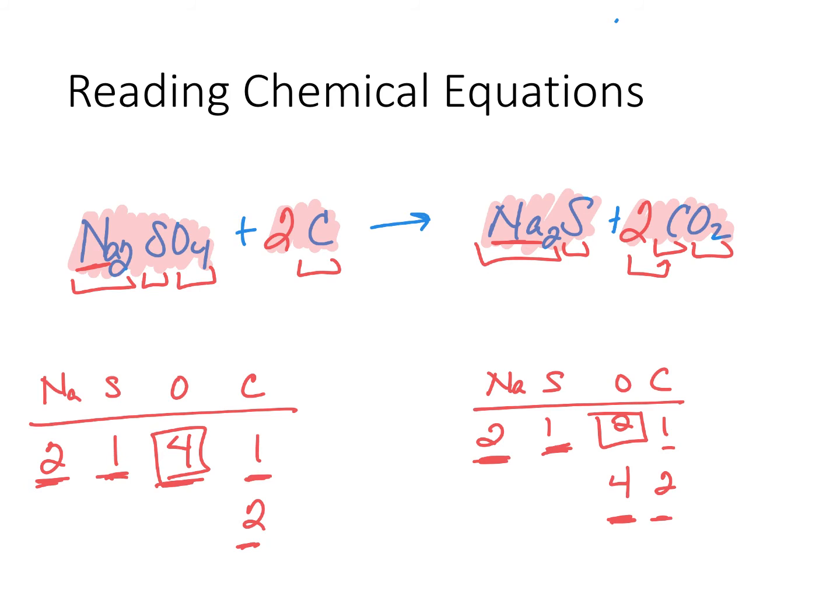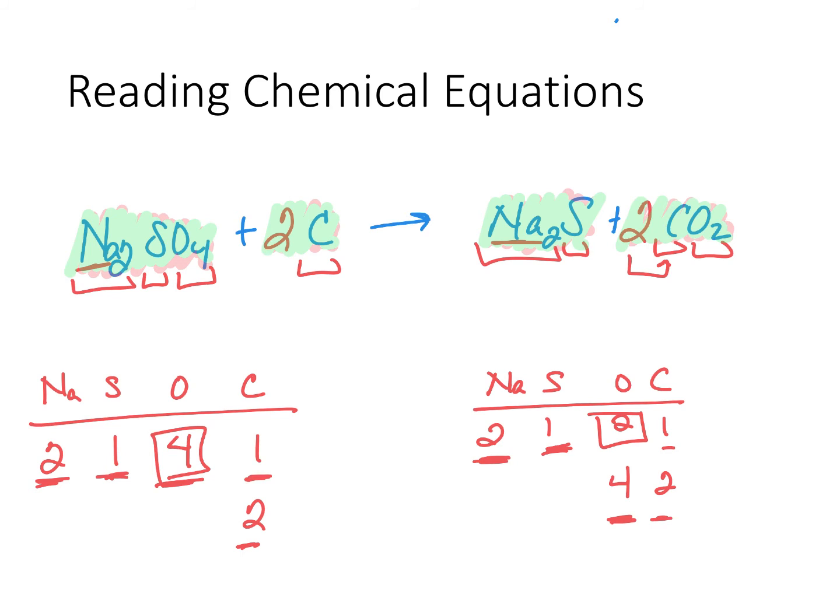Another way to think about this, and connects to what we've done so far already in this chapter, is to think of this as moles. So before I jump to moles, let's say I could read this as 1 dozen Na2SO4 reacts with 2 dozen carbons to make 1 dozen Na2S and 2 dozen CO2. Okay, I just multiplied everything by 12 and called it a dozen.